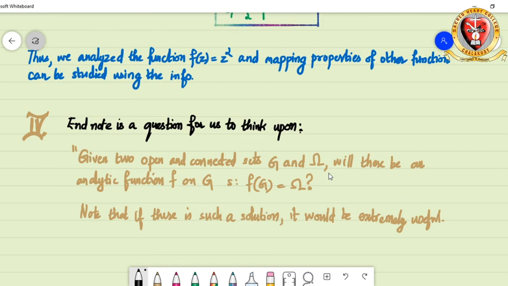That is an extremely useful thing, and let's see whether we can have a solution for this question. You can ponder upon what the question is and how we can or cannot have a solution.